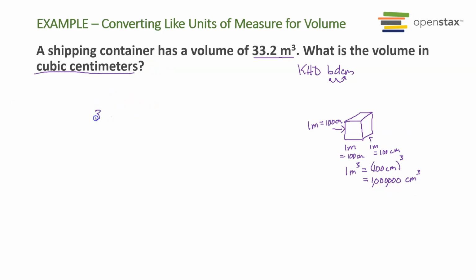So if we're going from 33.2 cubic meters and we want to end in cubic centimeters, then cubic meters needs to be on the bottom, and 1 cubic meter is 1,000,000 cubic centimeters.